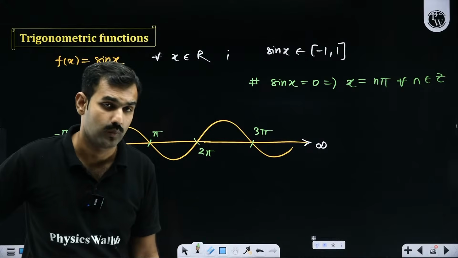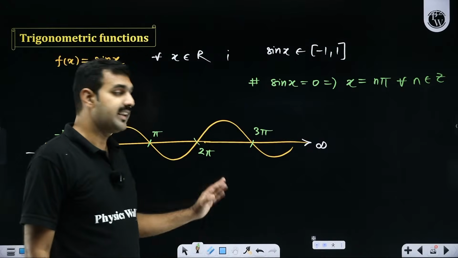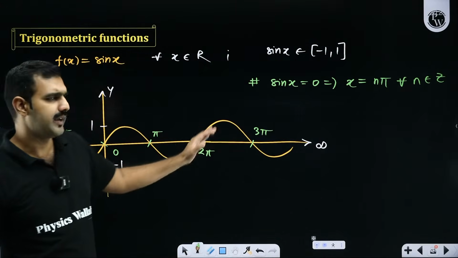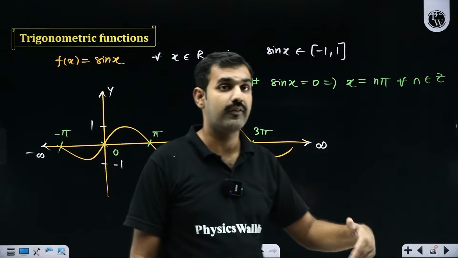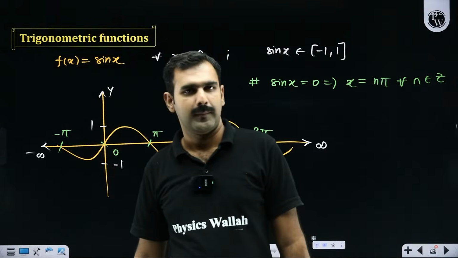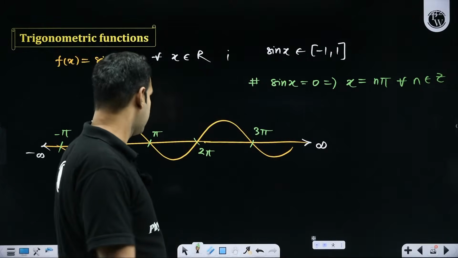Good, Vijay. Excellent. What did I just say? If sin x is 0, x will be pi, 2 pi, 3 pi, 4 pi, 5 pi. So it will be n pi. Excellent, Krishna. Keep it up.